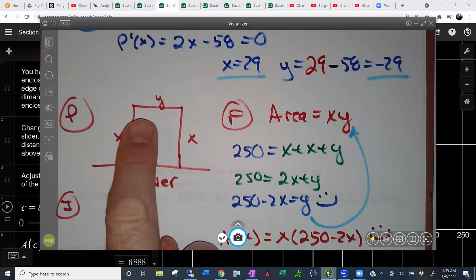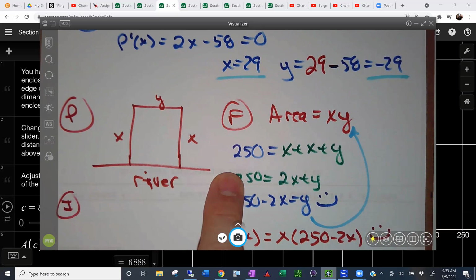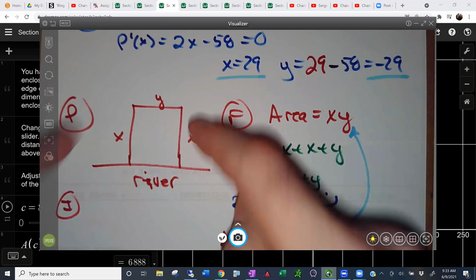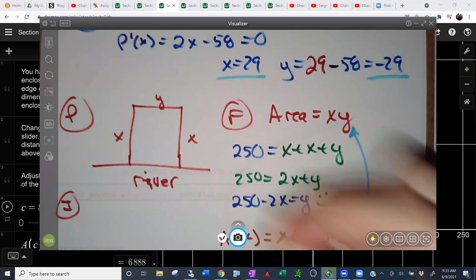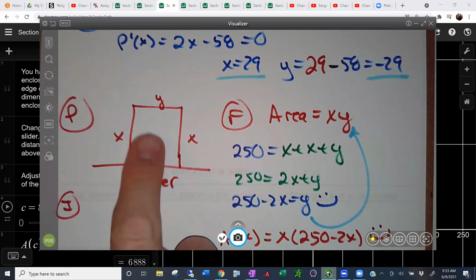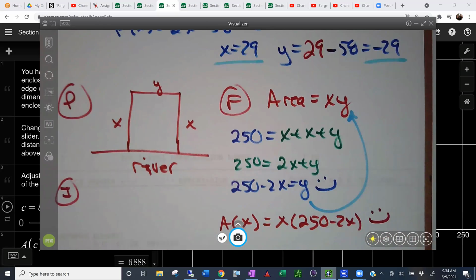So the most that this could be is going to be 125 feet one way and 125 feet the other way. Nothing left for X. So if I got rid of all the height, then I spent all my fencing in this direction.